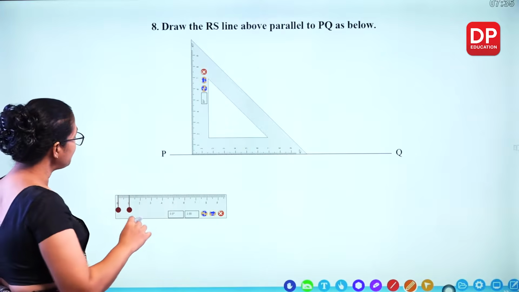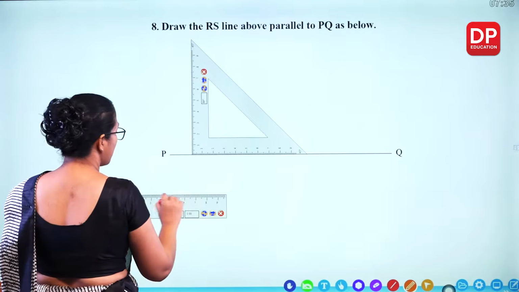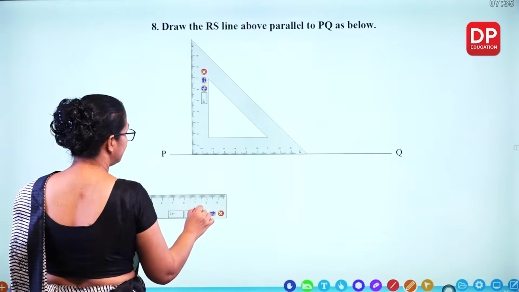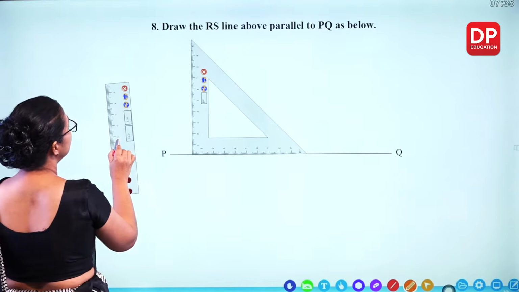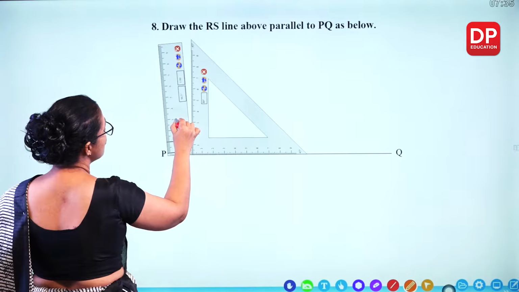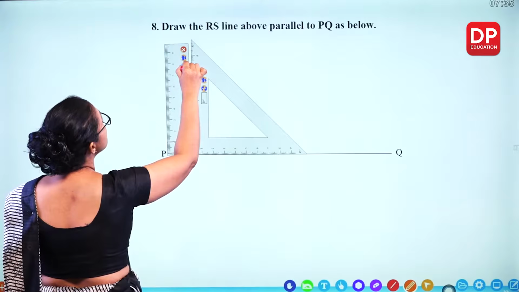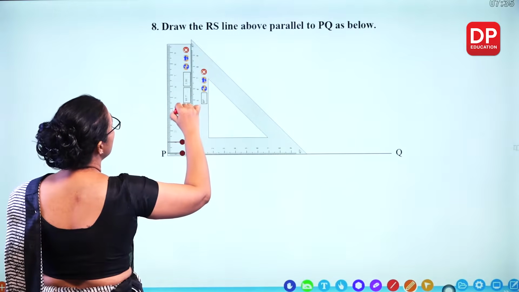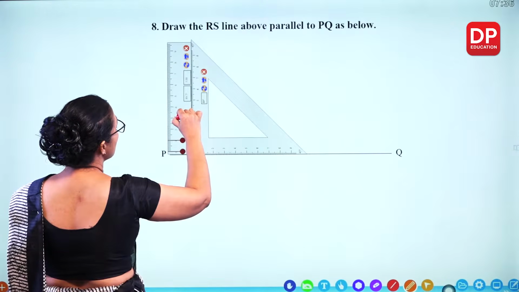And then you can take the ruler and keep that edge next to the set square.